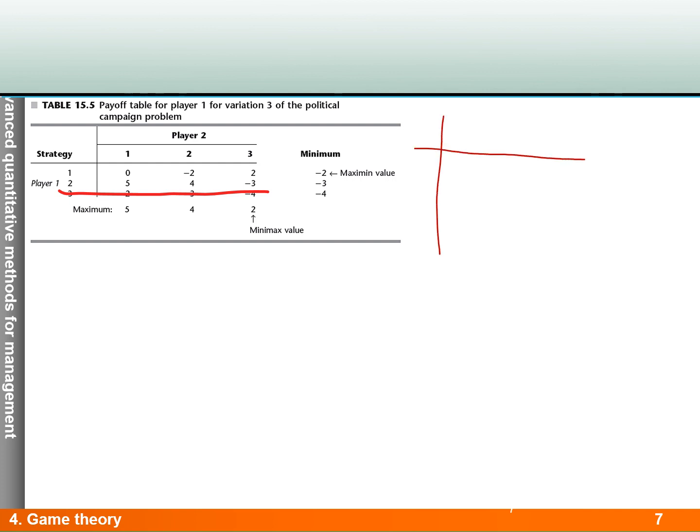It's the same table. 1, 2, and 1, 2, and 3. The entries are 0, 5, minus 2, and 4, and 2, and minus 3.